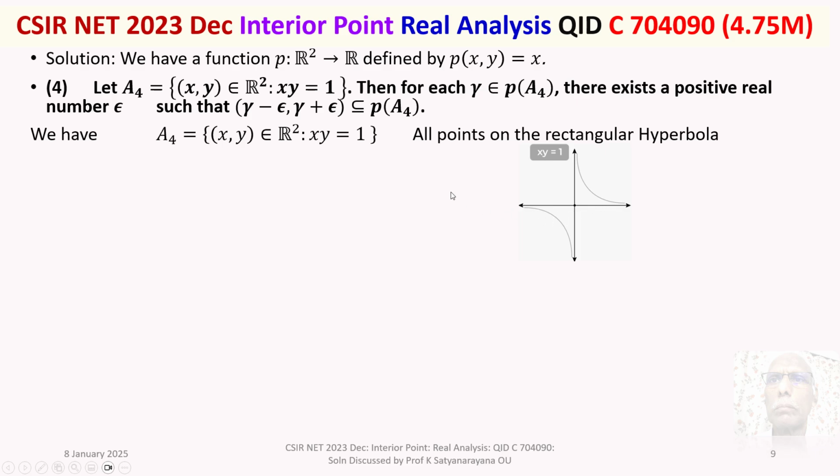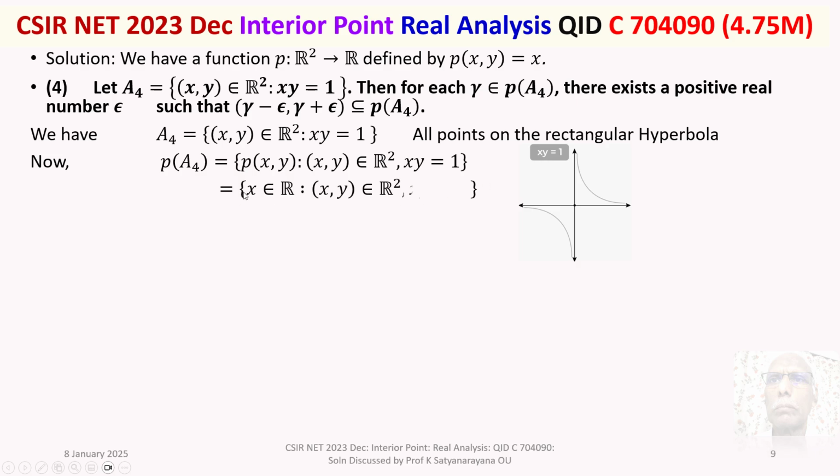So, what is P of A4? P of A4 is the set of all x such that x comma y belongs to R square, xy is equal to 1. But in this, 0 is not included.